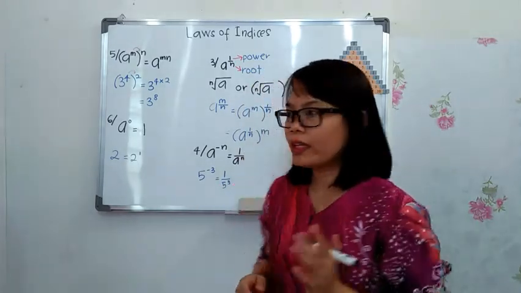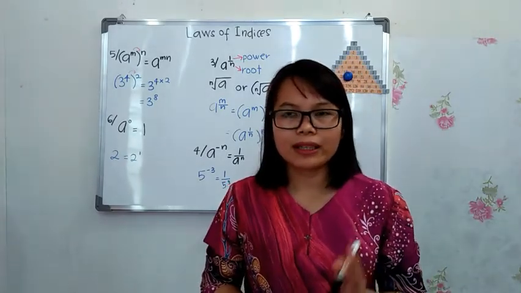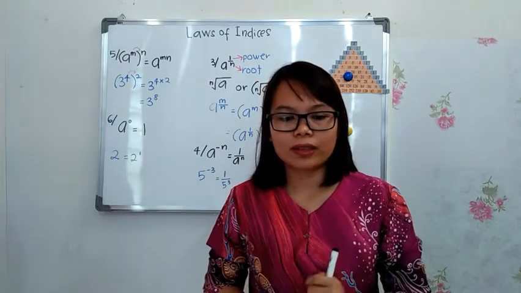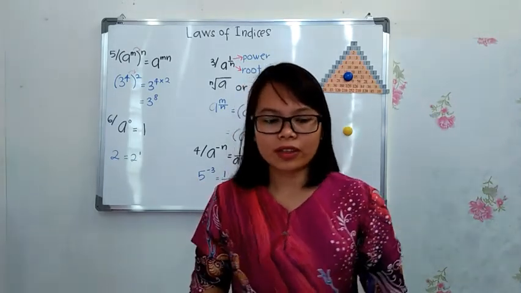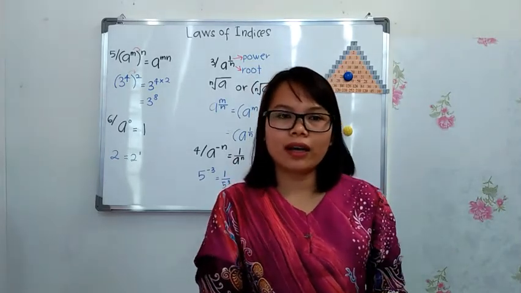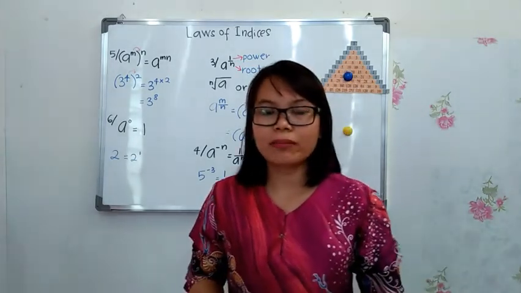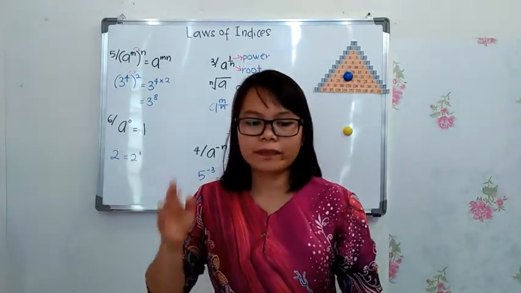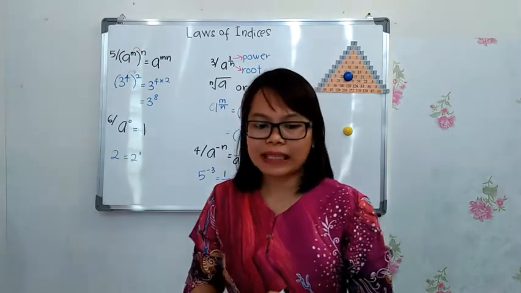Multiply means plus. The second is divide. Divide automatically becomes minus. You must remember this: multiply means plus, divide means minus.